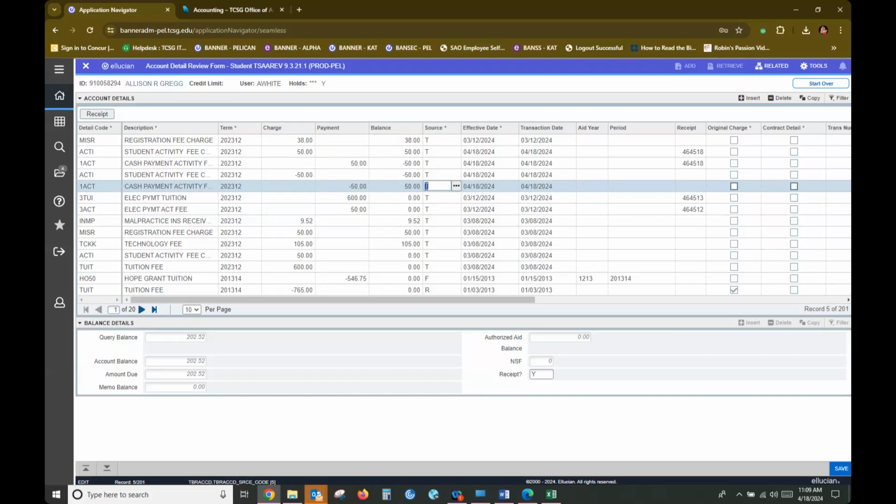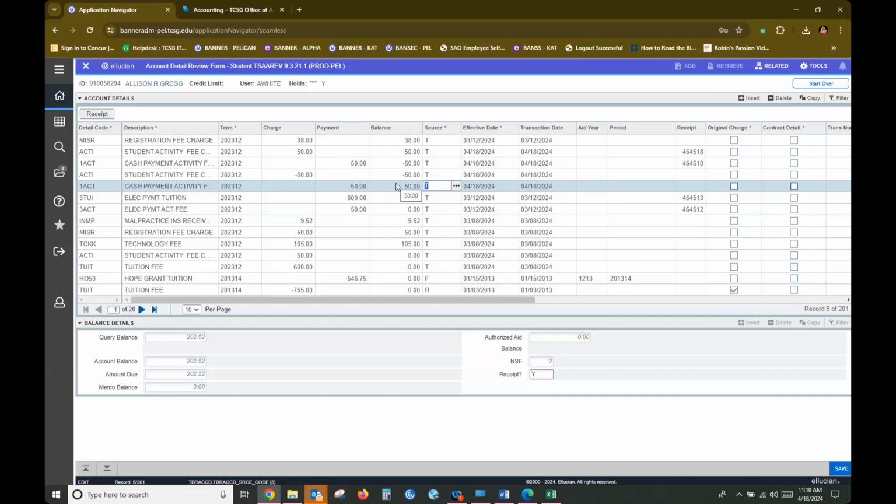It's important that you pay attention to the balance and don't hit the save key in order to make that balance populate. Always enter the payment or the charge, then hit the tab key so that you know that this balance is right before you save it, because you can delete this record before you save it. But once you save it, you can't delete it.